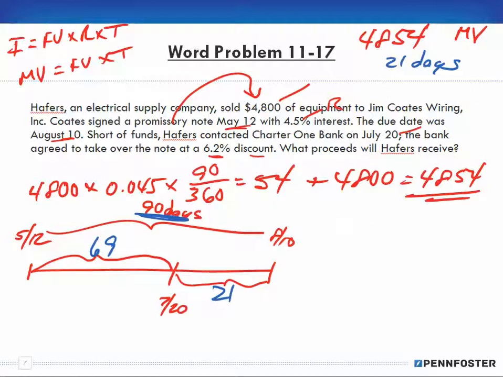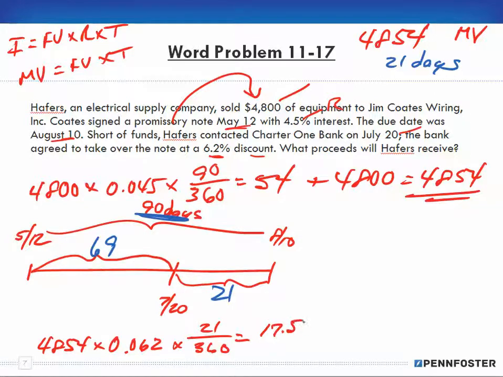And now that we understand that, I'm going to just try to squeeze this underneath. Right, so we end up taking our $4,854 times, and it's at 6.2%, so it's 0.062 times that discount period of 21 days over 360. And when we do the math, times 0.062 times 21 divided by 360 gives us $17.56 in interest.